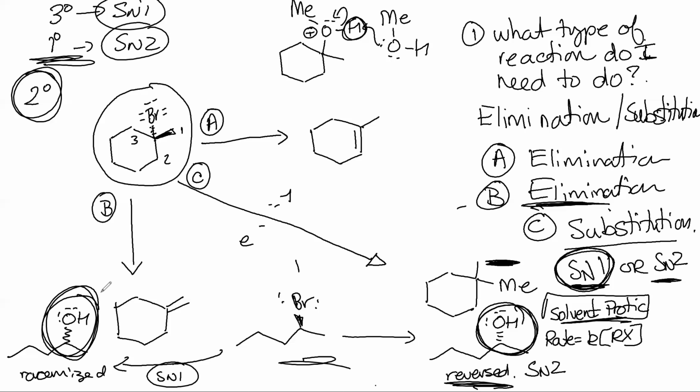So that would be the first thing I'd look for. Is it an elimination? Is it a substitution? If it's substitution, then look at the alkyl halide and figure out, is it SN1 or SN2? And then use solvents and nucleophiles that will promote those two things.